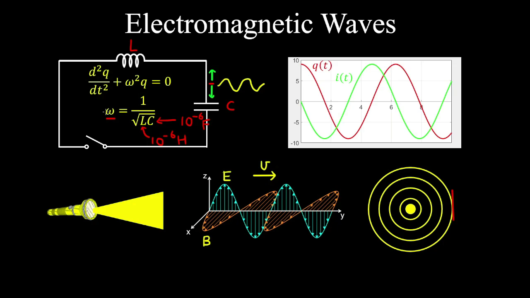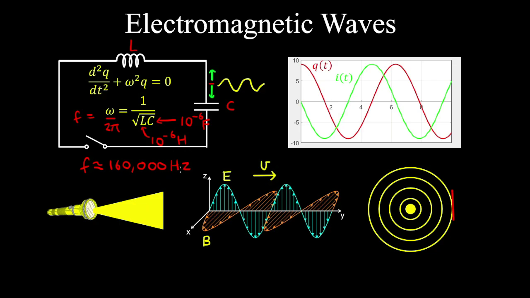So that would give an angular frequency, which we divide by 2 pi to get the frequency of the oscillation in hertz. So in this case, the frequency would be around 160 kilohertz or 160,000 hertz.